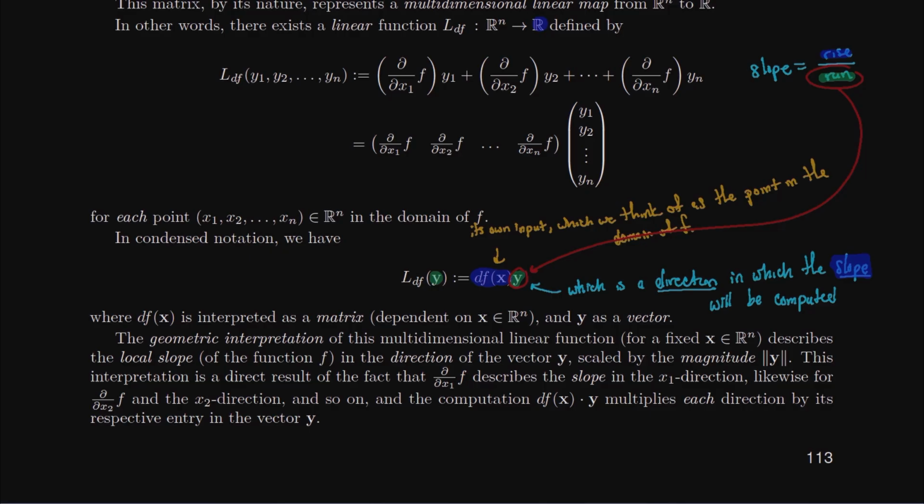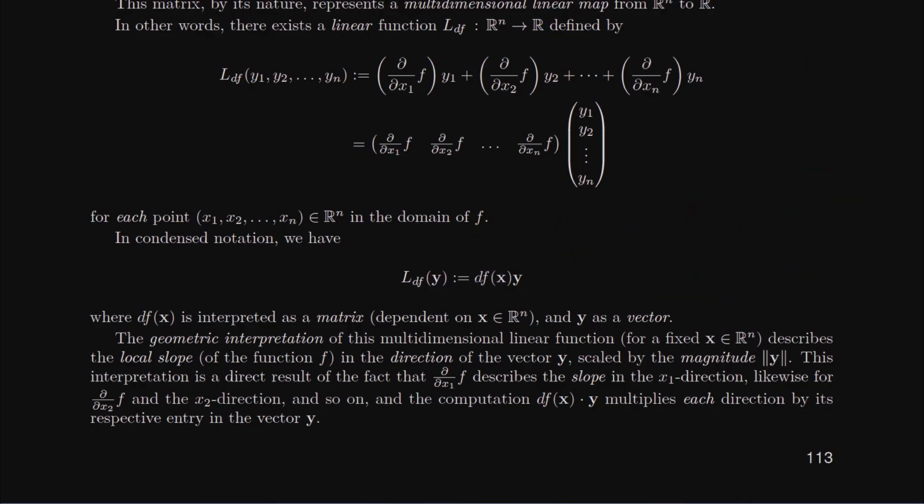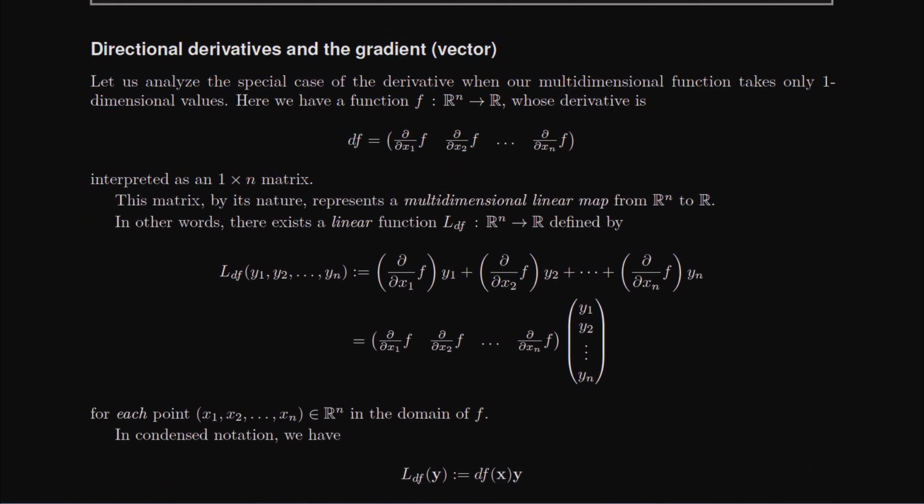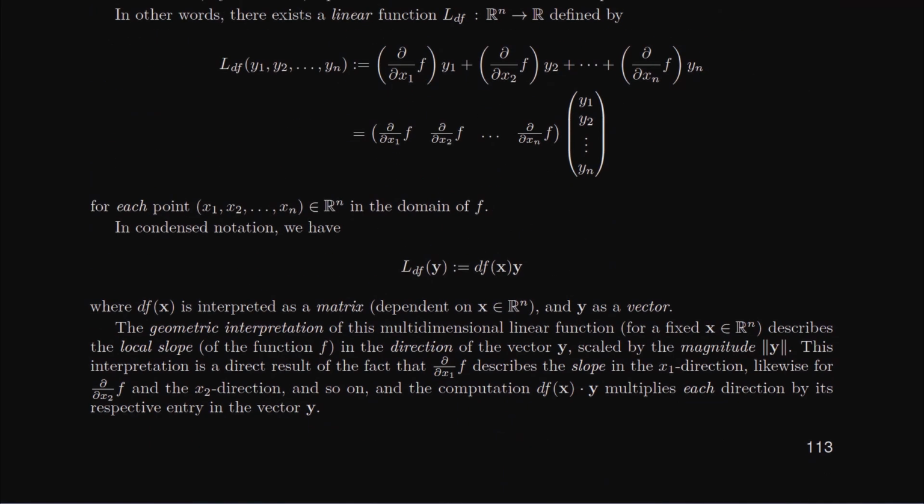So we're looking for the rise over the run. The run happens in the direction of this y input. And we're looking for the rise over the run at a specific input to the function, a specific point in the domain. That's what that x is referring to. So it's the rise over the run in the direction of y located at the space x. That's really what this linear map, which is the same thing as the total derivative, is trying to compute for us.